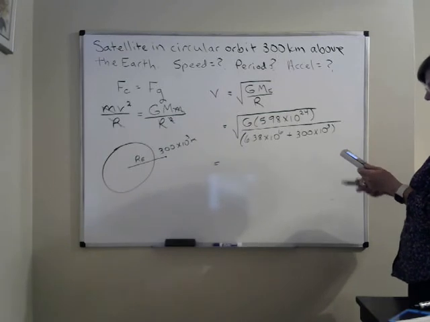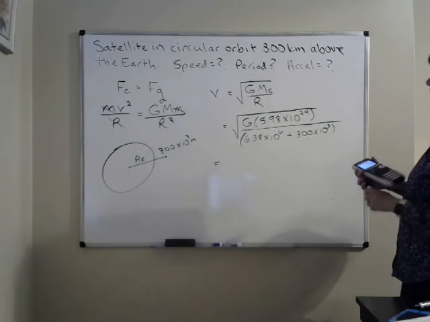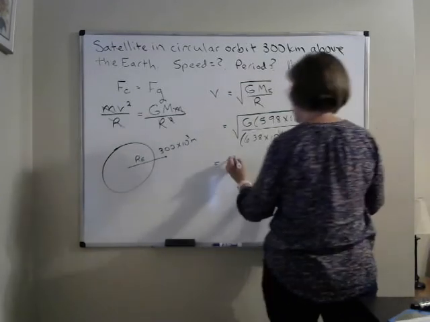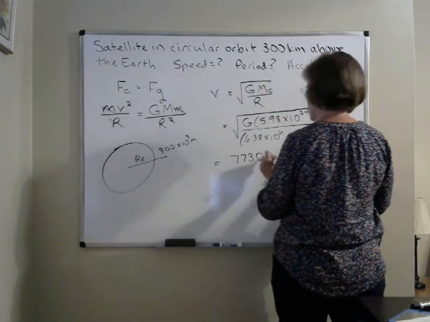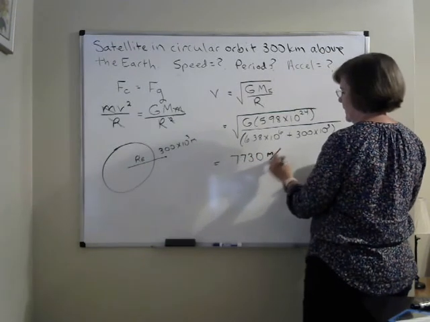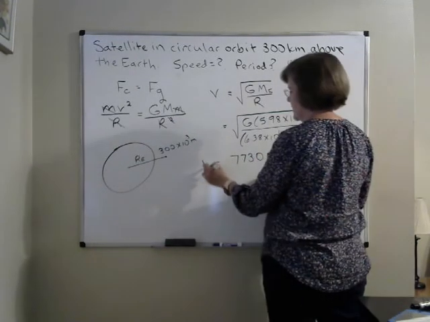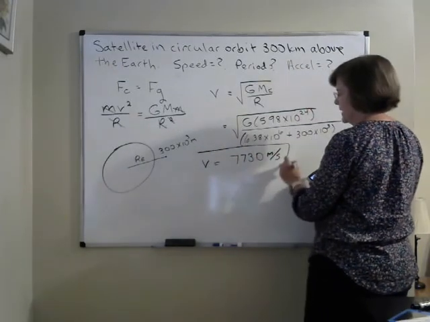Comes out to be 7730. I don't know if we have that many significant digits, but let's assume that we have 3. If I have 3 significant digits, that's the speed.